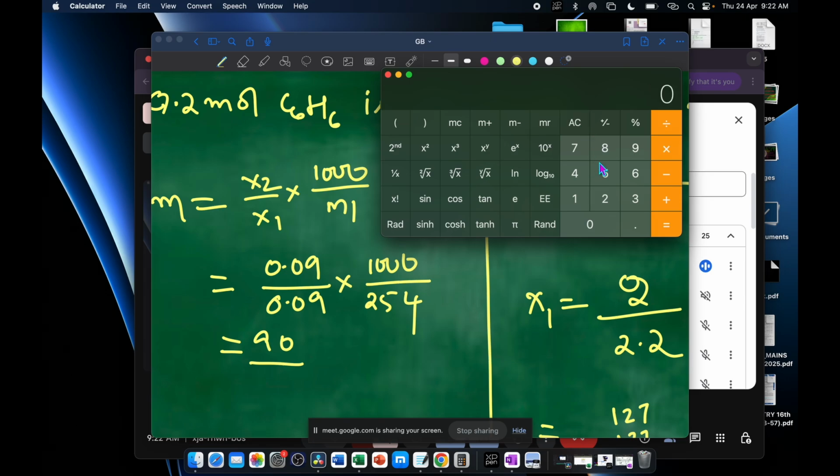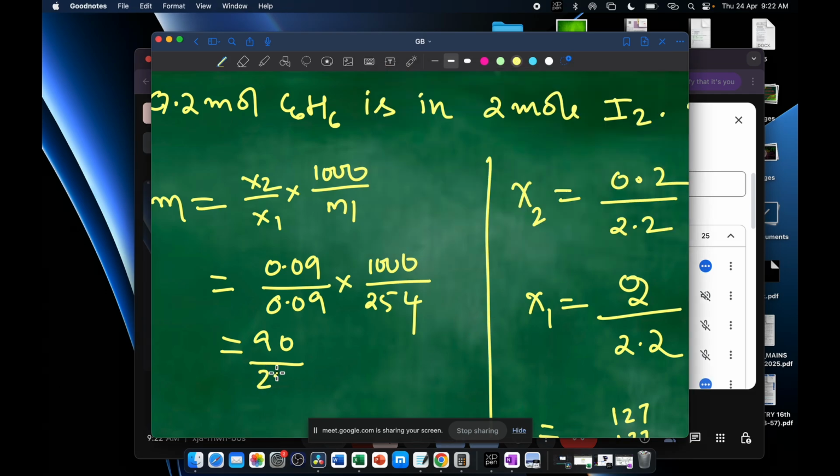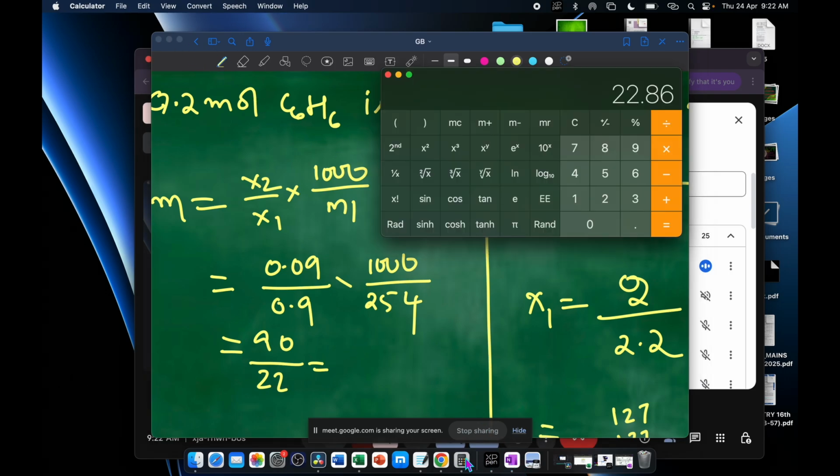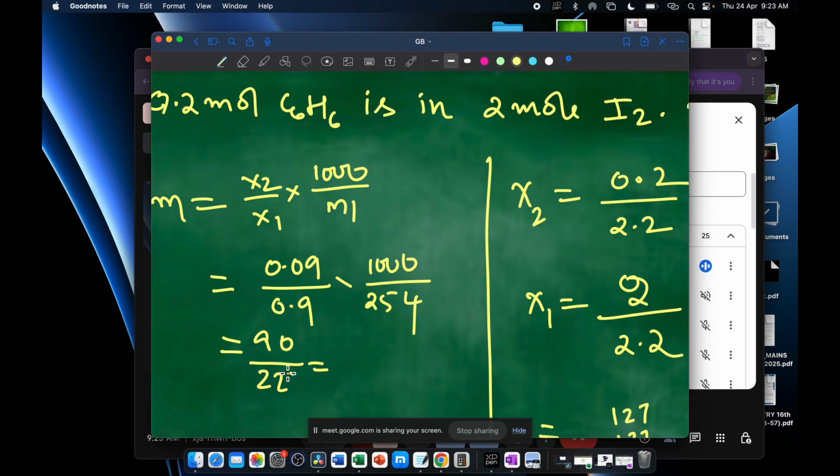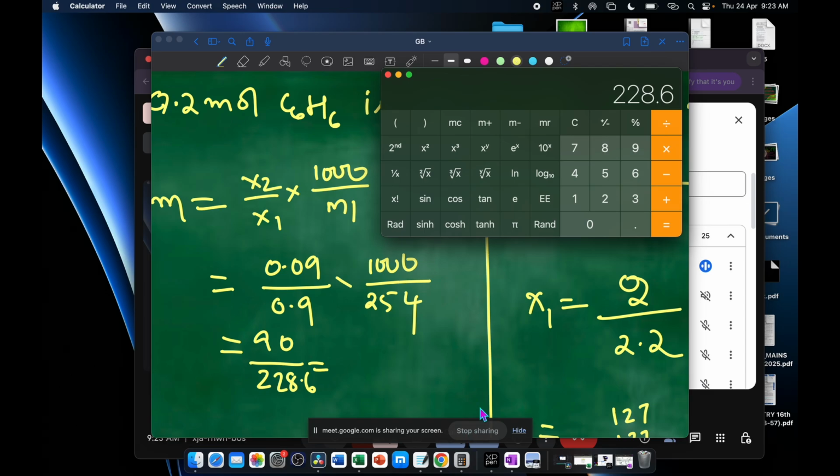On the denominator we have 0.9 multiplied by 254, which is 228.6.